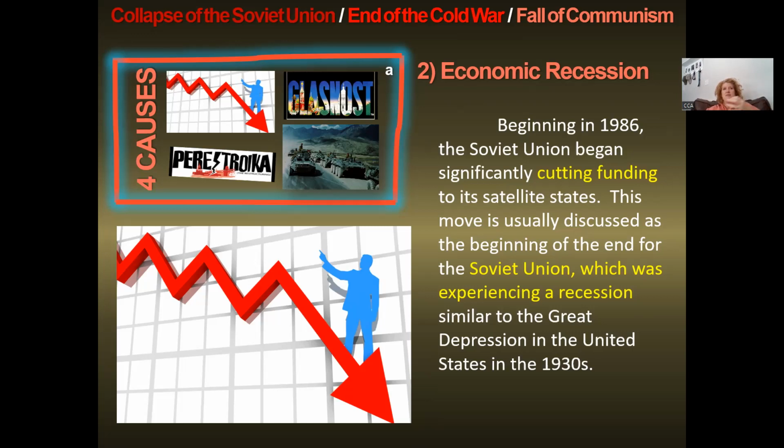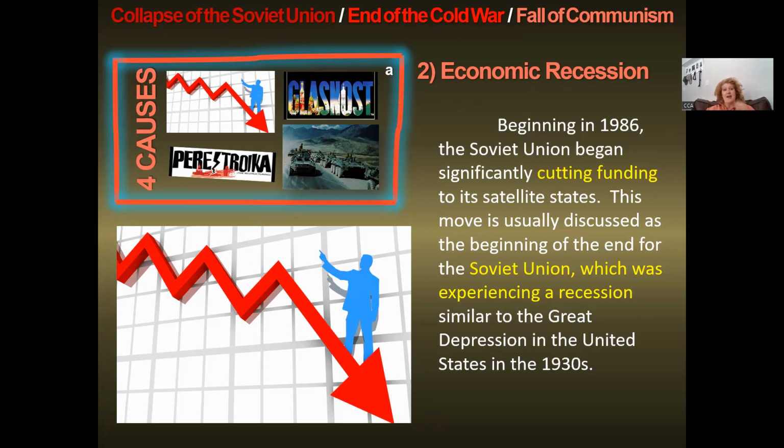Margaret Thatcher of the United Kingdom made this statement one time, that the thing about socialism is that eventually you're going to run out of everybody else's money. That's basically what's happening here in the Soviet Union.